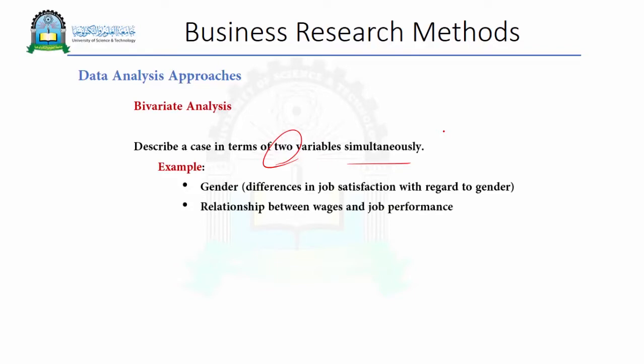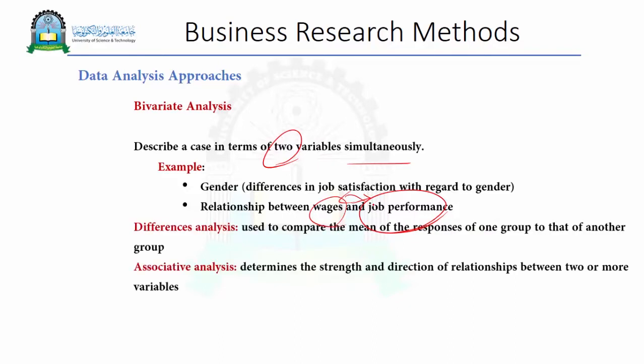Relationship between variables, like the relationship between wages and job performance, if we have to build a hypothesis like that. Differences analysis is used to compare the mean of responses of one group to that of another. And associative analysis is to determine the strength and direction of the relationship between two or more variables.